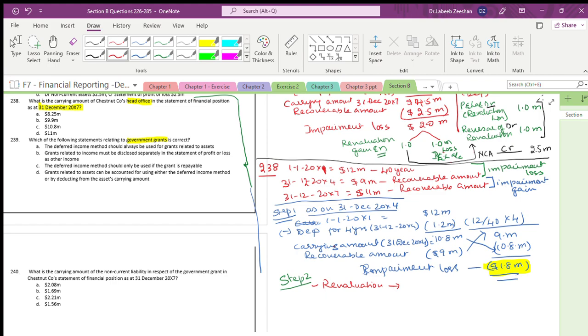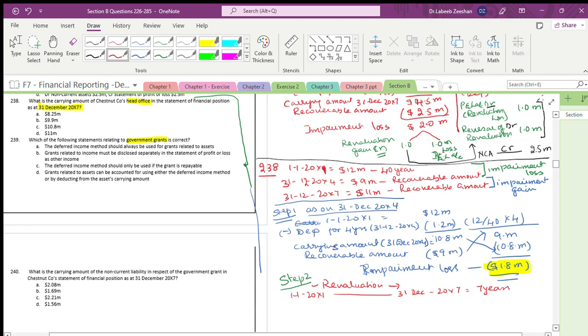Impairment loss is there for the next step. How much is the revaluation? See how they are taking the revaluation. How much is happening from 1st of 2001 till 31st December 2007? How many years? 7 years.